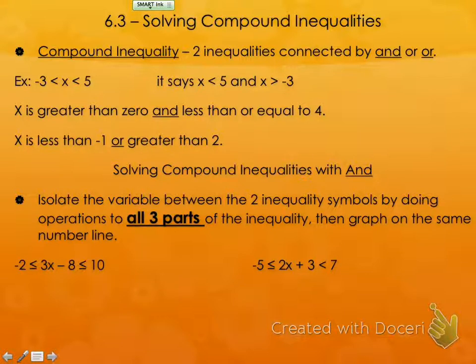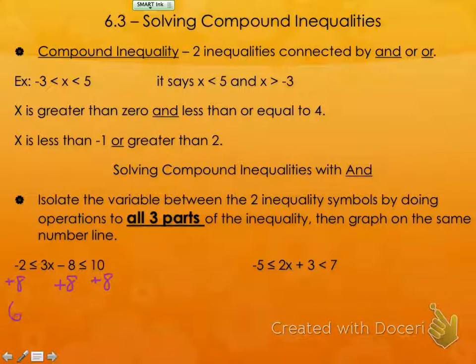So when I'm solving these compound inequalities, so these are all and inequalities, I want to get the x, or the variable, isolated in the middle, and I'm going to do it the same way that we would solve a regular equation. I want to undo whatever's being done to x. So for the first one, I'm going to add an 8 to the middle to get rid of that. I'm also going to do that on the left and on the right side.